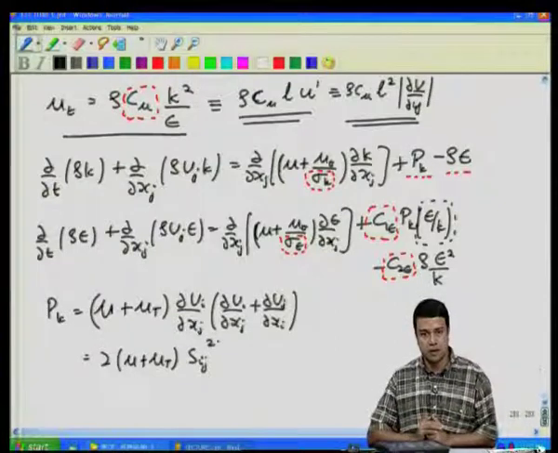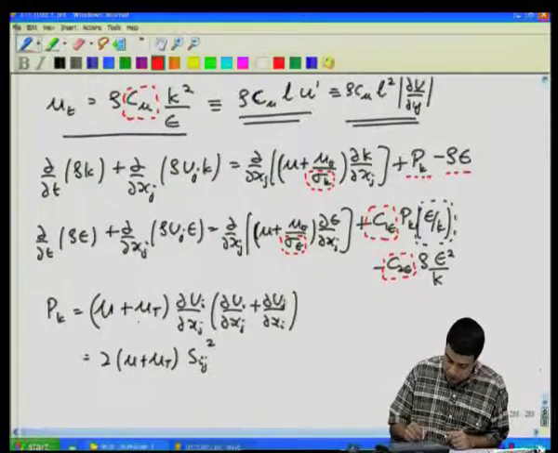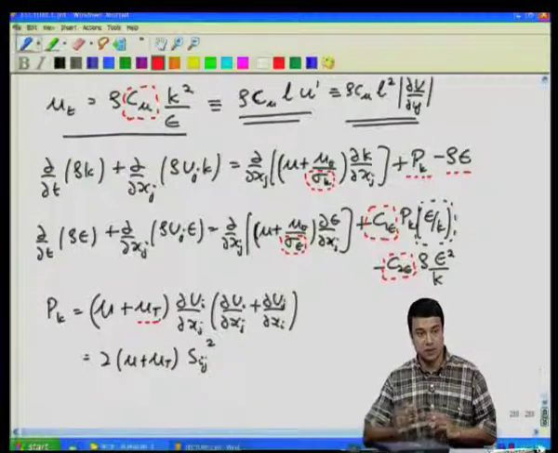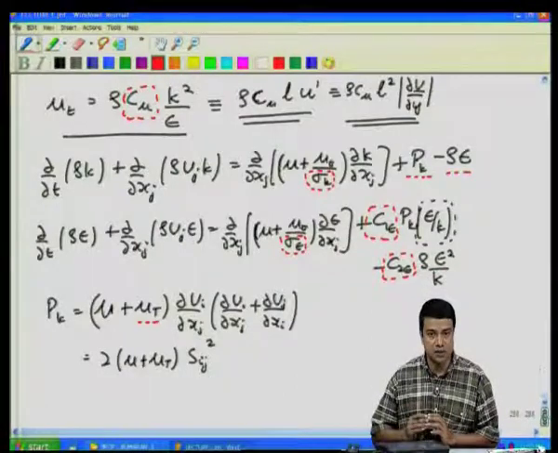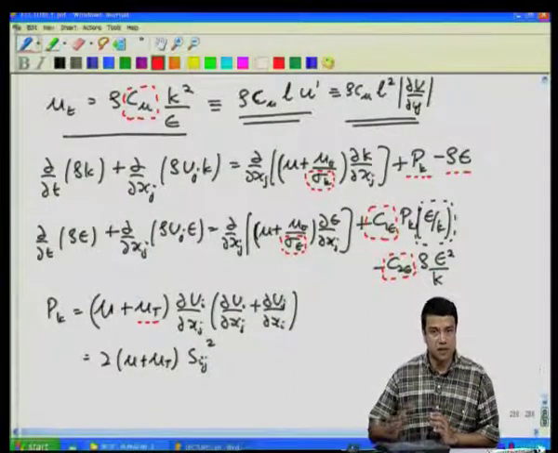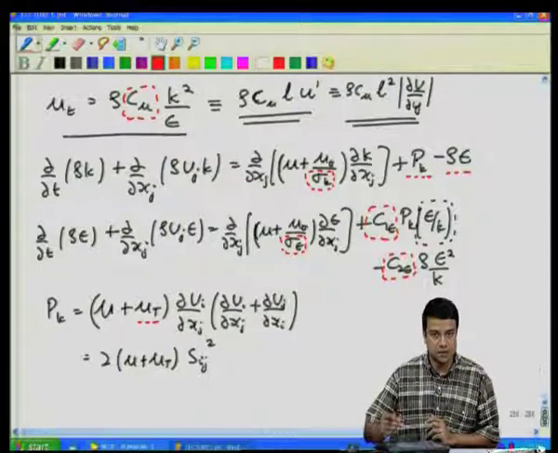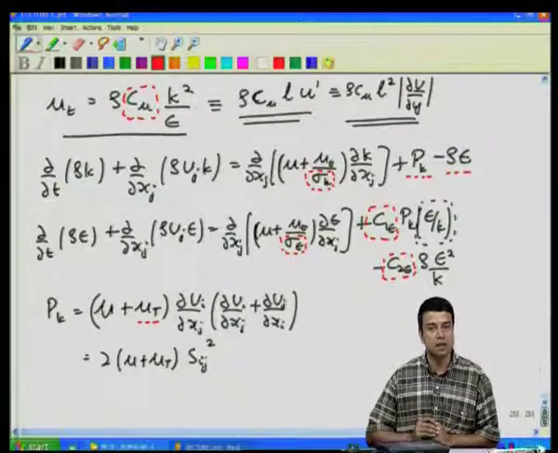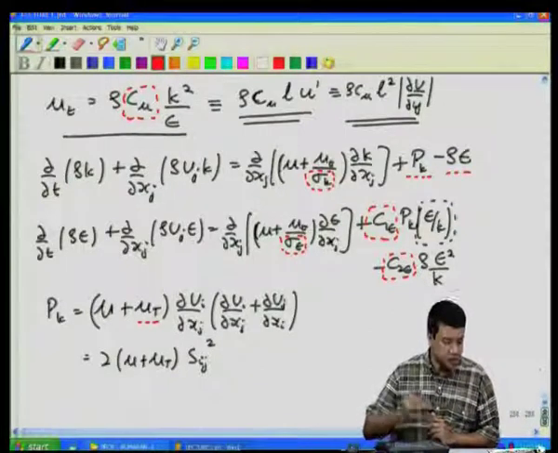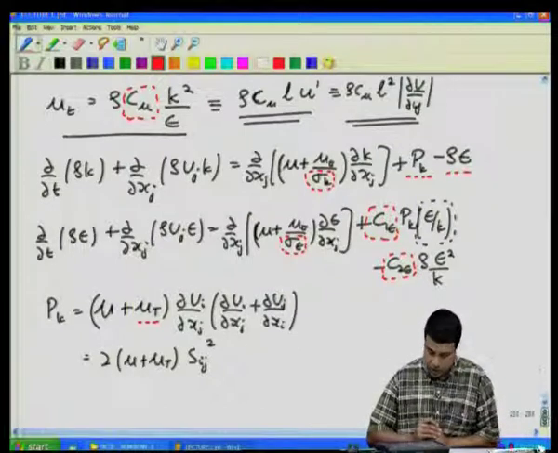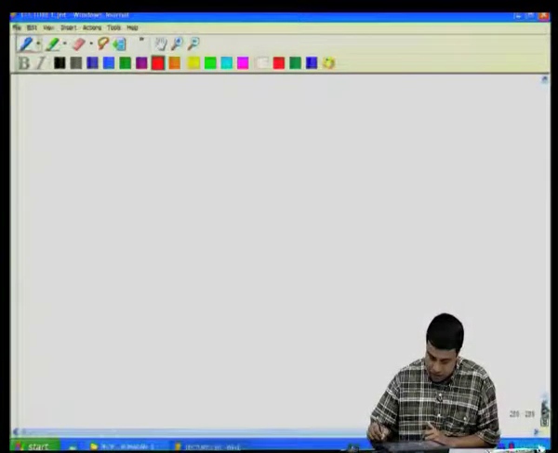Note that this mu t here takes into account the fact that there is a Reynolds stress. So, there is the augmentation of the stress due to the Reynolds stress times the strain rate square. Okay. Basically gives me the production of energy, and that energy is dissipated. So, that is the balance between the production and dissipation is incorporated in these equations for the mean kinetic energy and the mean dissipation rate.